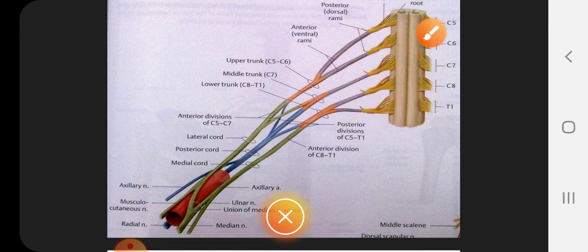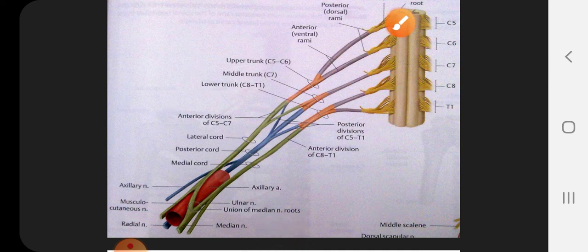This is C5, C6, C7, C8 and T1. These are the cervical and the first thoracic roots of the brachial plexus. So this whole part forms the roots of the brachial plexus. The ones that are yellow in color, this is the spinal cord and these are the spinal roots.